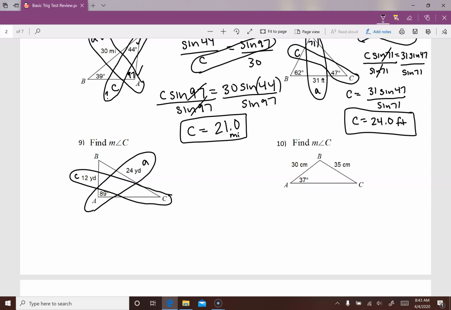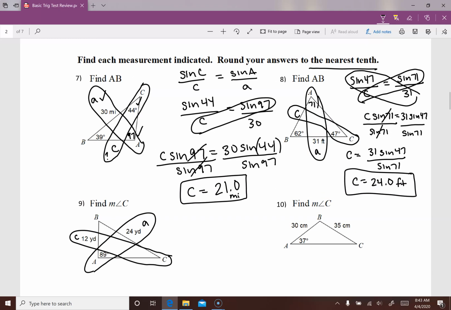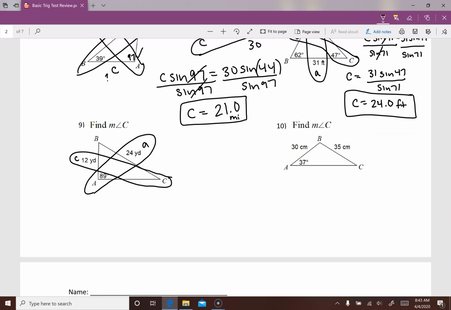All right, so here we go. We're going to have the same thing as we had here. Sine C over C equals sine A over A. So sine C over C, which is 12, equals sine A, which is sine of 89 over 24. Okay, good stuff.